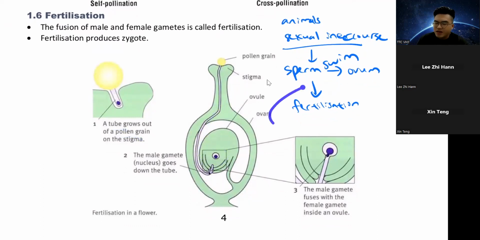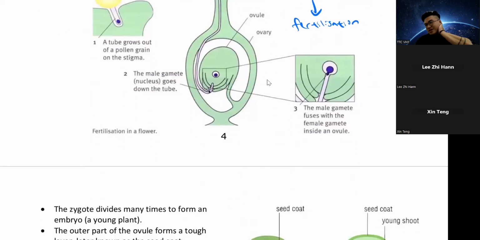Guys, only when there's fertilization, there's pregnancy. Just like humans, plants are the same thing. So what's next? This middle one, male and female combine, you will become a seed. Can you see fusion? Two combine together. This is the same.